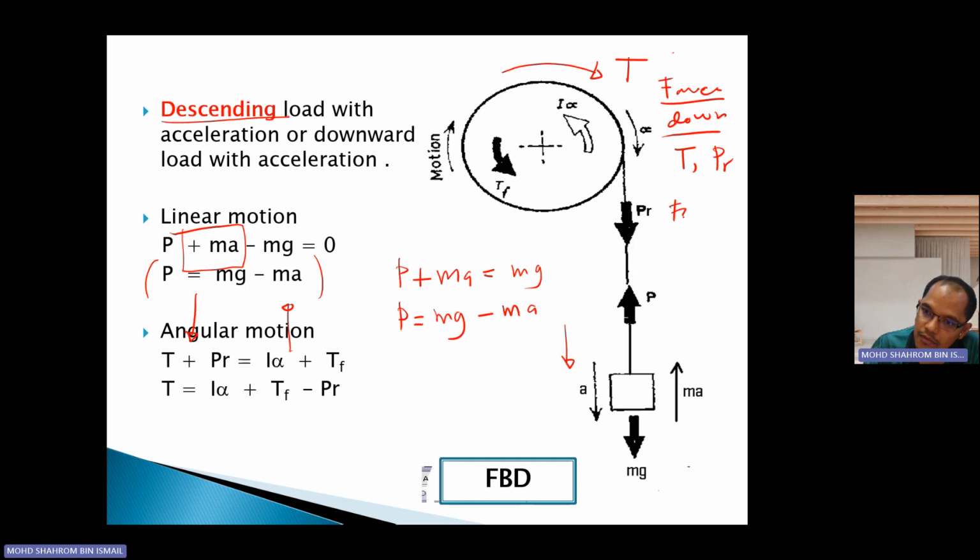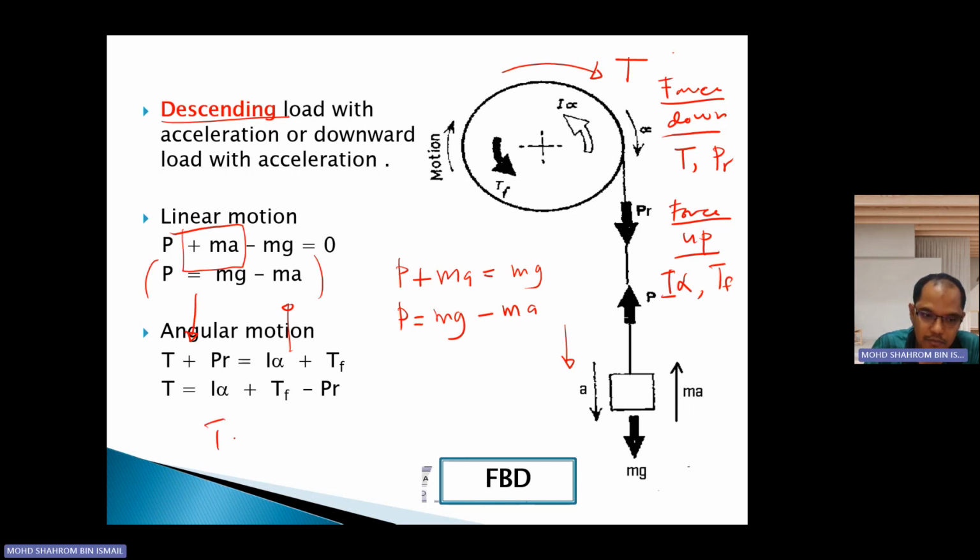And then we go by force up. What is the force up? Anti-clockwise, so we have I alpha, and then we have TF.